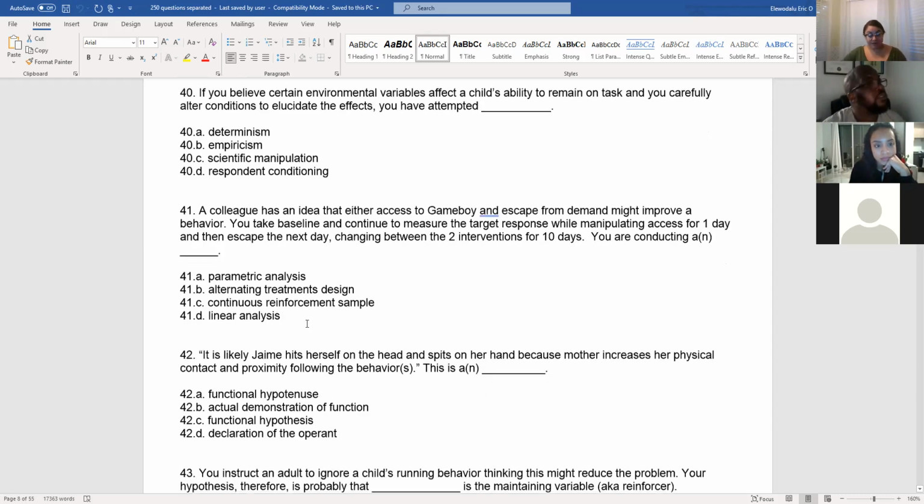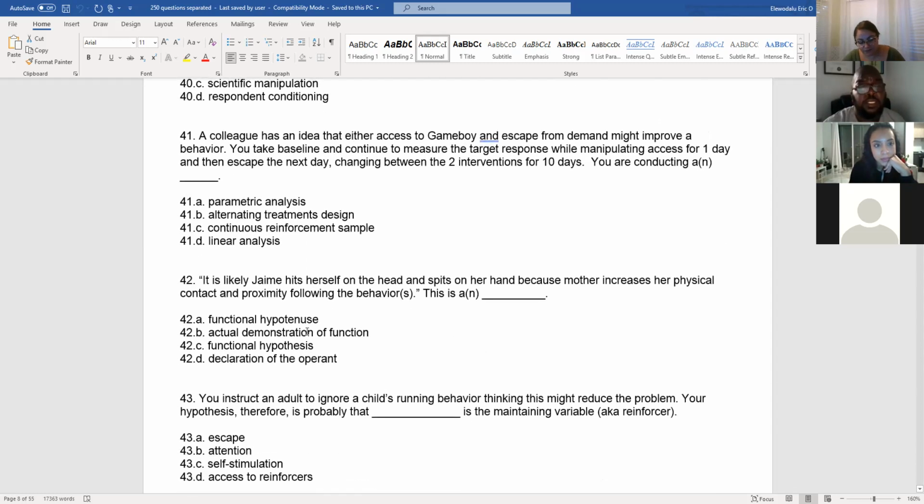41. A colleague has an idea that either access to a Game Boy or escape from demand might improve a behavior. You take baseline and continue to measure the target response while manipulating access for one day and then escape the next day, changing between the two interventions for 10 days.